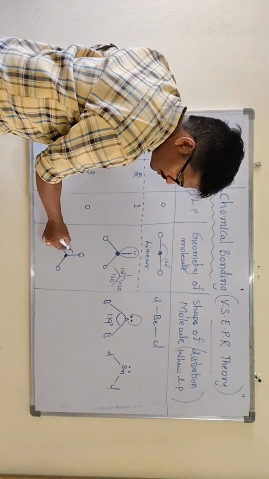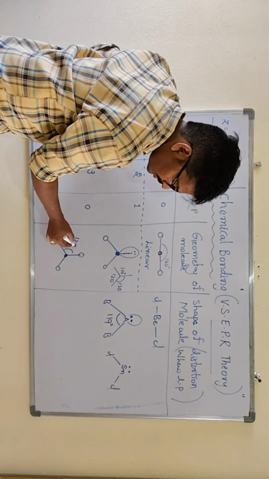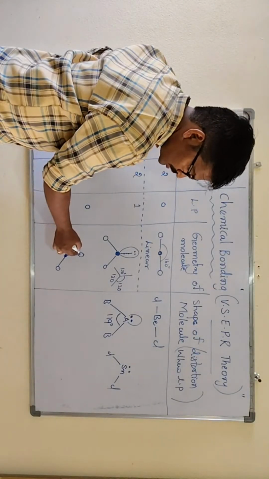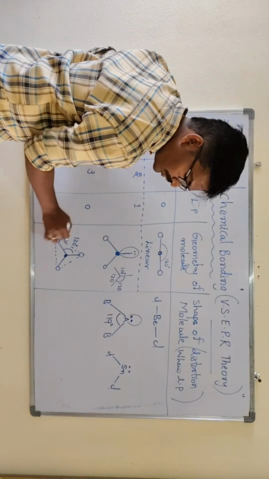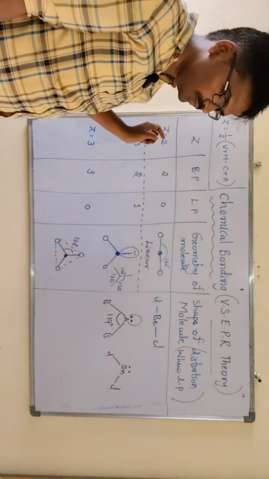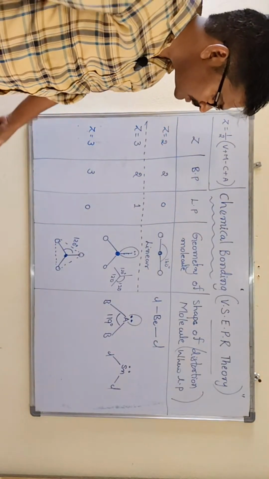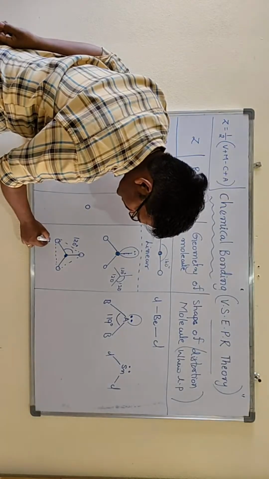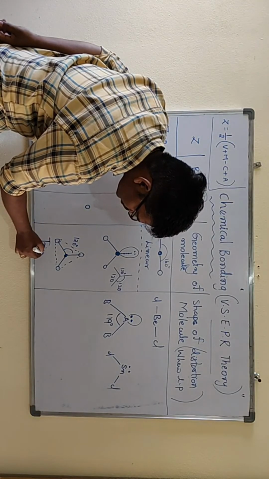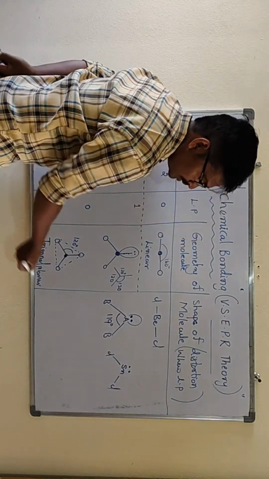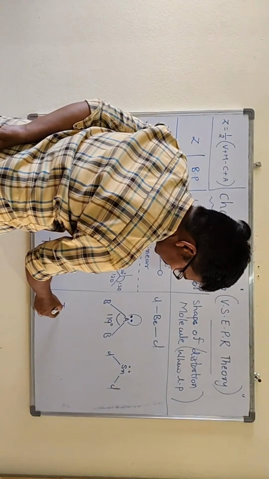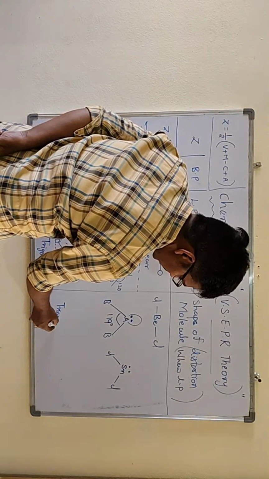So what is the bond angle? 120. The geometry and shape of the molecule are both the same when there is no lone pair of electrons. What we call this is trigonal planar geometry, and of course the shape of the molecule is also trigonal planar.